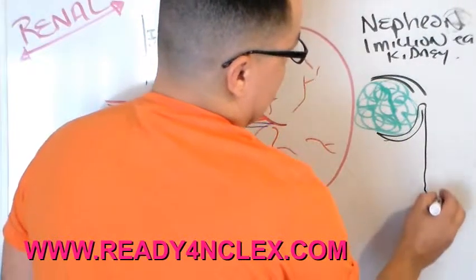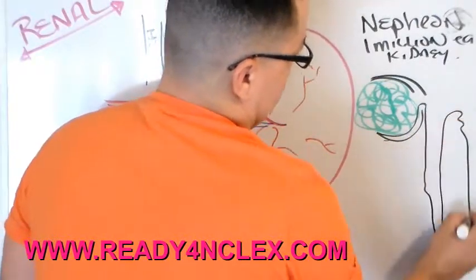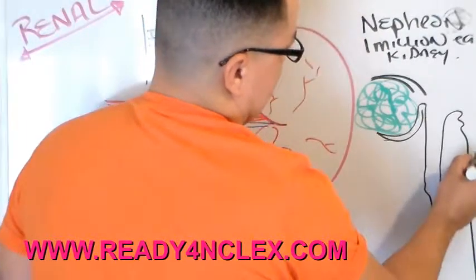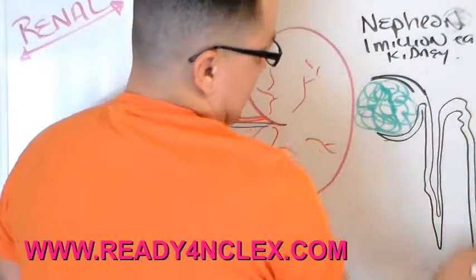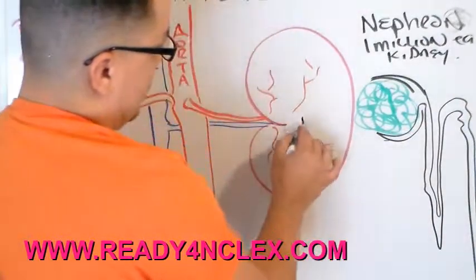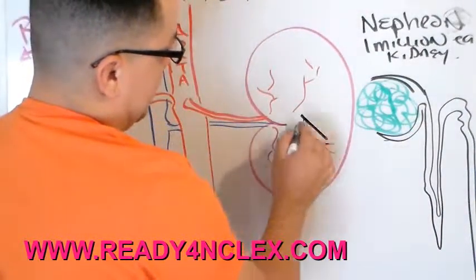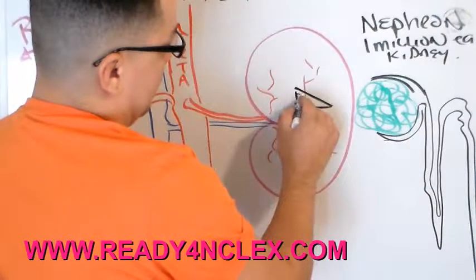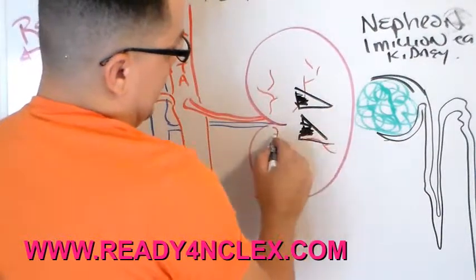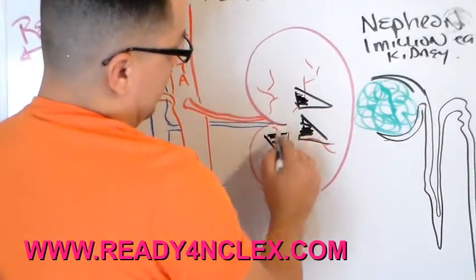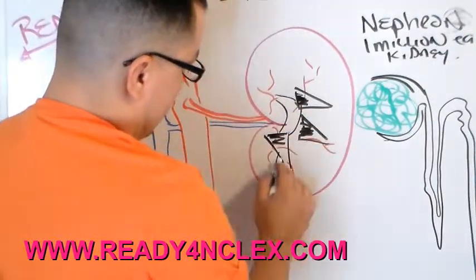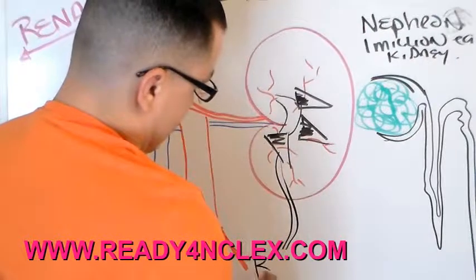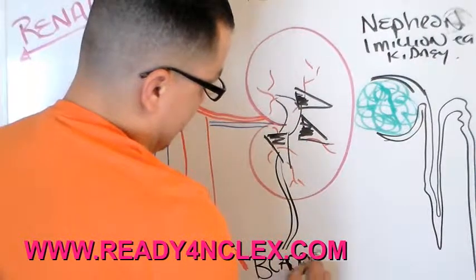And this is the loop of Henle, and this will drain down into what's called the renal calculi eventually. These fill up with fluid, and when all of these fill up with fluid, it goes from the renal pelvis down into the ureter, down into the bladder.